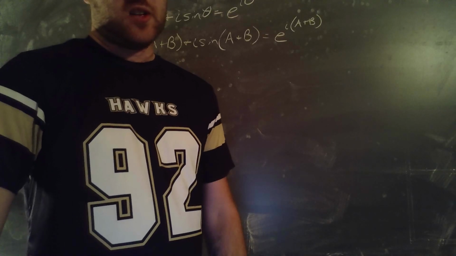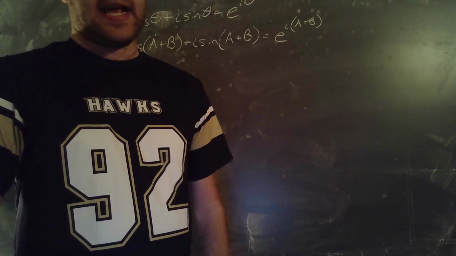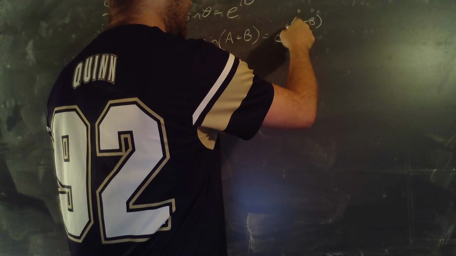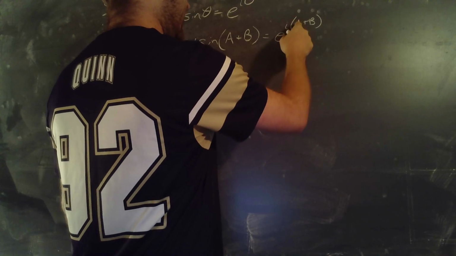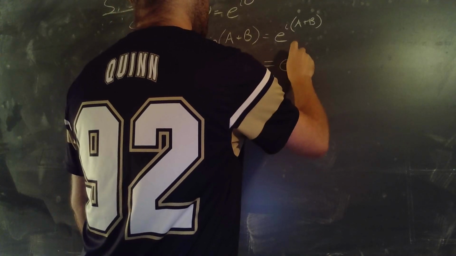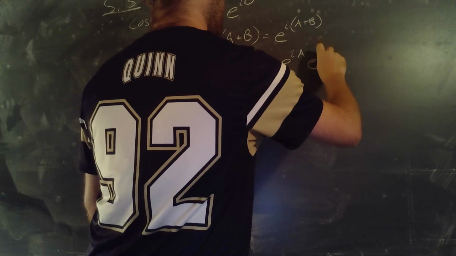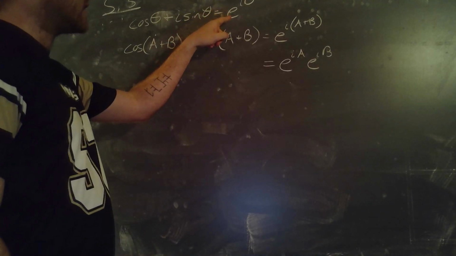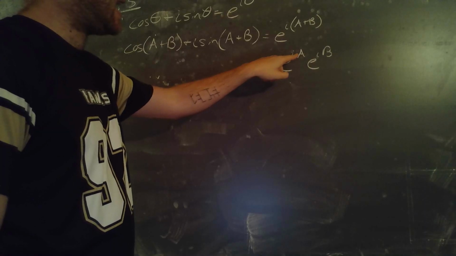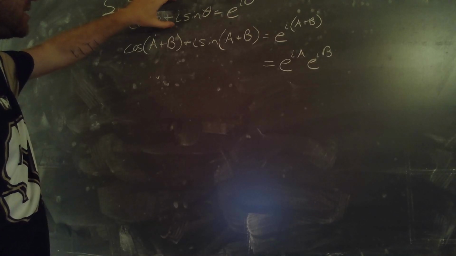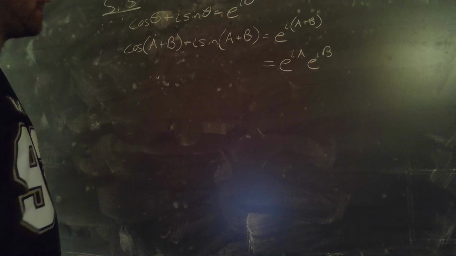Okay. Well, notice that the right-hand side of this is an exponential. If you were to distribute the i through this, we'd have e to the power iA and e to the power iB being multiplied together, which is equivalent to the previous part of this. But then notice that we're allowed to express anything in the form e to the iA as a cosine plus i sine sum.